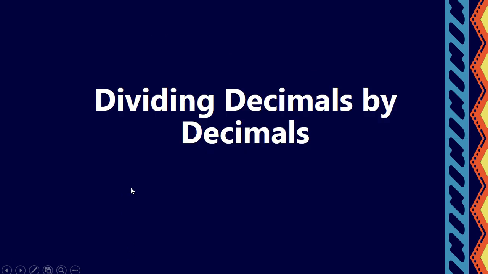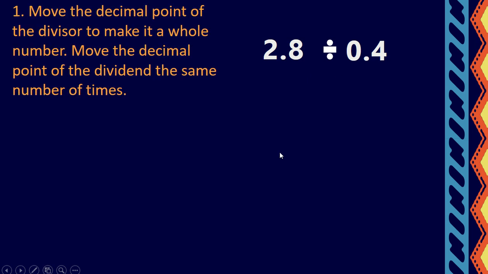Moving forward, we have dividing decimals by decimals. We have 2.8 divided by 0.4. Both of them are decimal numbers. Step 1, move the decimal point of the divisor to make it a whole number.